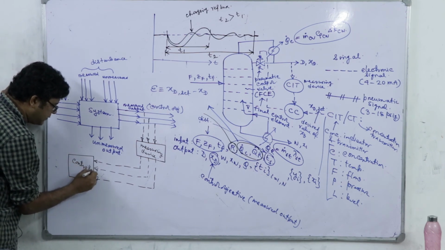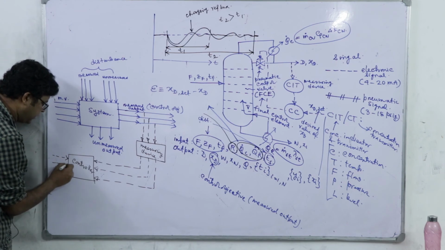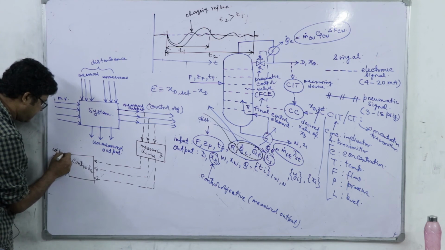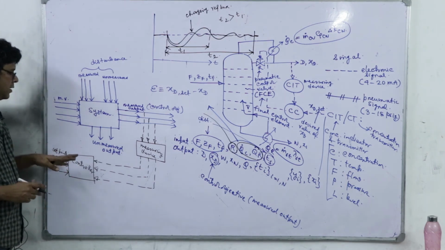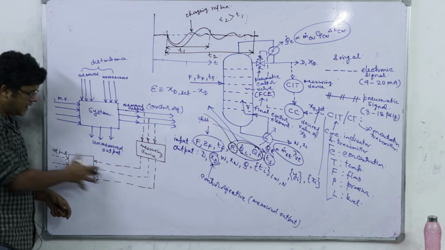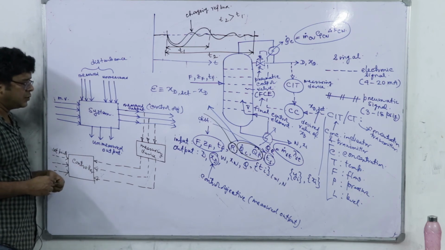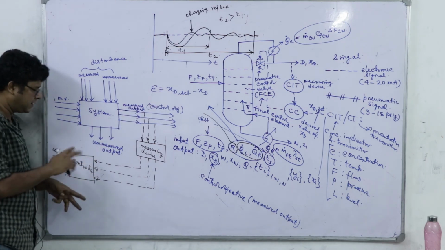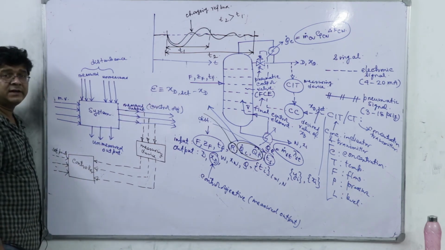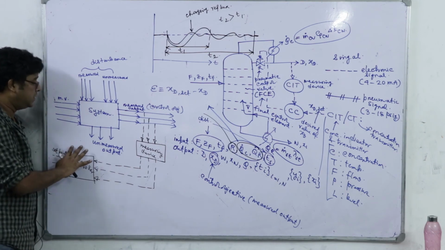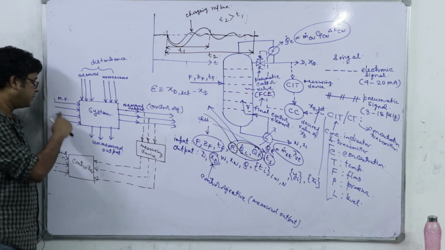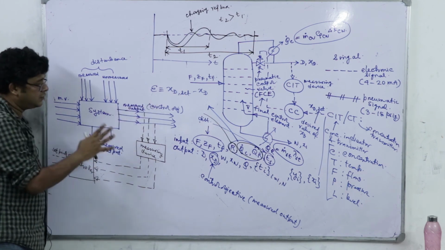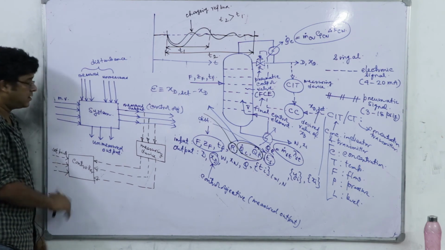Now controller must be supplied with the respective set points. Right? Now based on the set point and the output of this measuring device, that current values of this control objective, controller will take certain decision on the degree of the change for manipulated variable, such that we can keep the control objective at their set point, right.